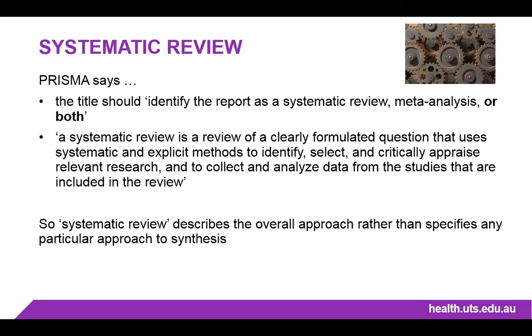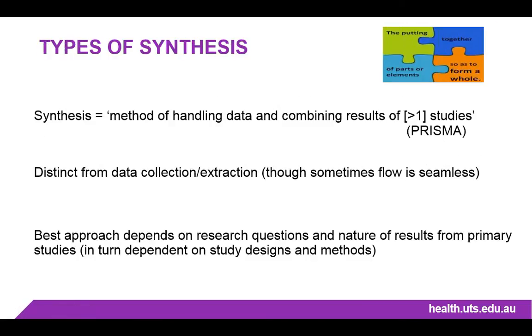And that actually doesn't say anything about the approach to synthesis you've taken. And therefore, you can have a systematic review and meta-analysis, systematic review and narrative synthesis, systematic review and meta-synthesis, indeed, and various other critical synthesis would be another example. So really, a synthesis is just a method of handling data and combining the results from more than one study.